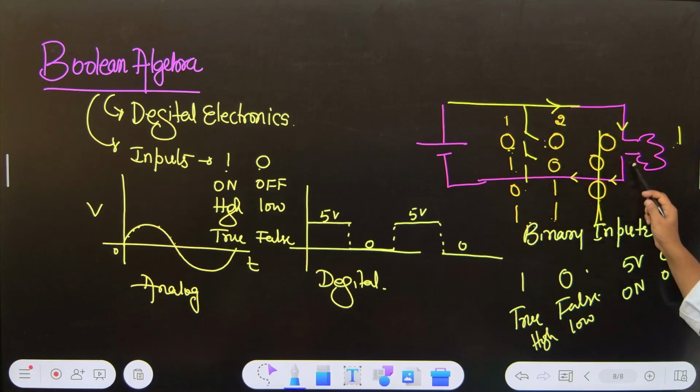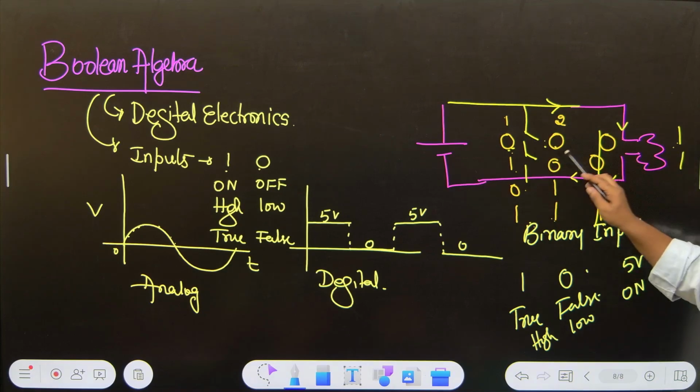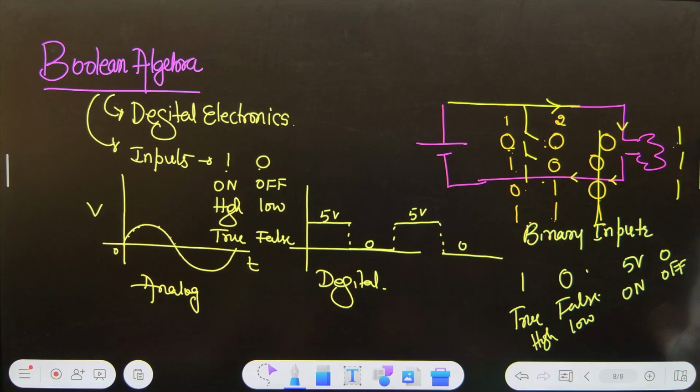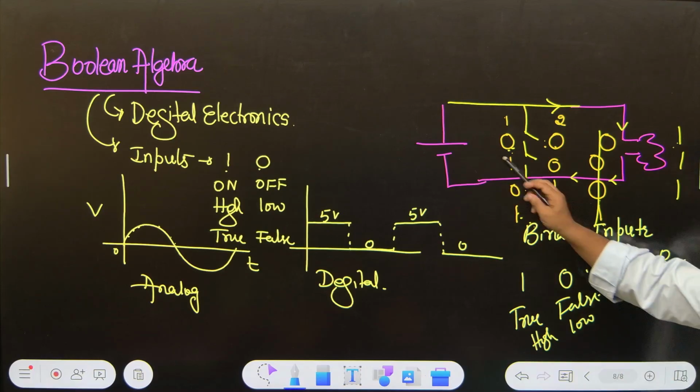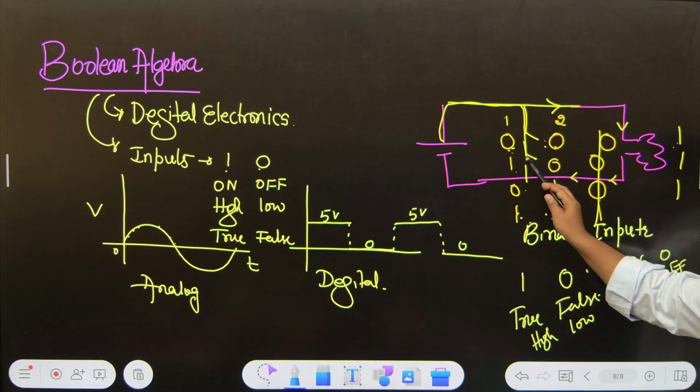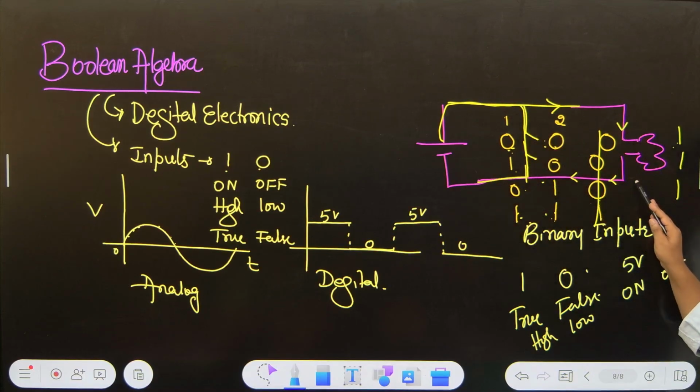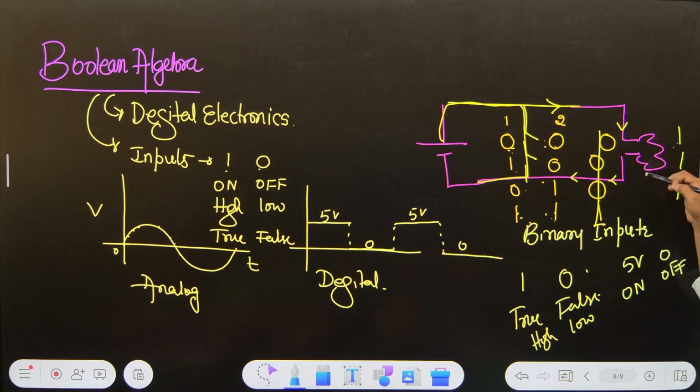Now let us close one, open another, but still the path is not closed. Then still the light glows. Close this and open that, then also the light glows. But close both of them. Are you able to understand? When you close both of them, the power will pass through this. Power will not go through the bulb because a device means resistance. The current will not choose the path which has resistance.